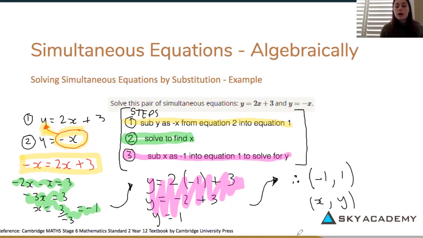And if you were doing a different pair of simultaneous equations, you do the exact same steps as I did, but instead of subbing -x into the equations, you'd sub whatever y was equal to, and instead of subbing -1, you'd sub whatever x was equal to. So you just have to modify according to what pair of simultaneous equations you have.